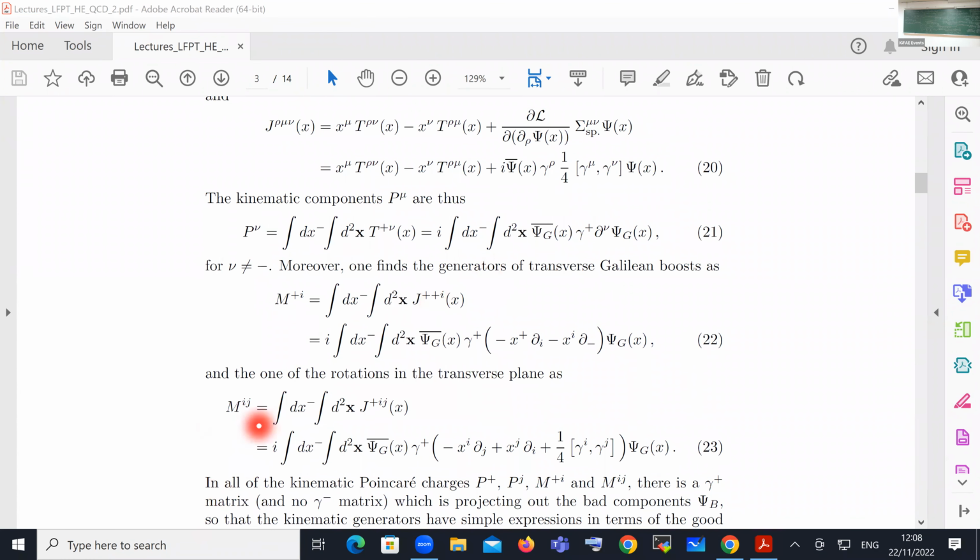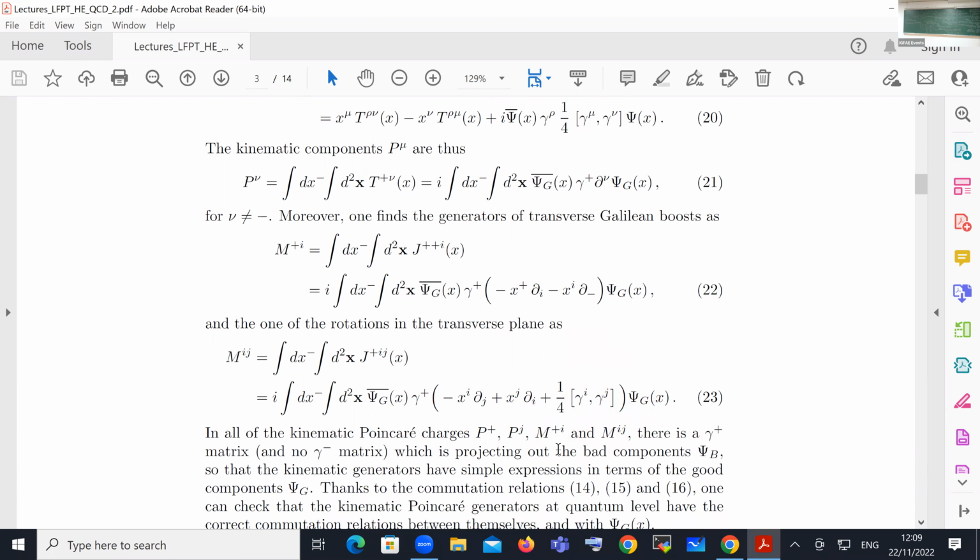Similar story for the IJ, so for the rotation within the transverse plane, except that now here we would have gamma plus, gamma I, gamma J. So now this one would survive. There is only one gamma plus, and so that's this extra term here. We have gamma plus and then gamma I, gamma J. So overall, there is only one gamma plus and no gamma minus, and all the others are gamma perp.